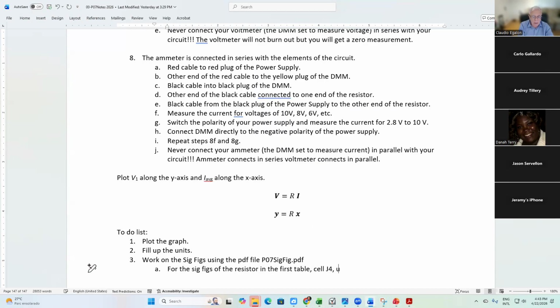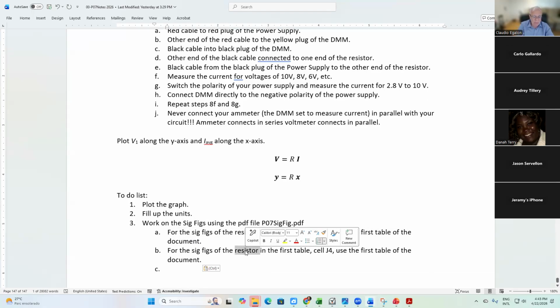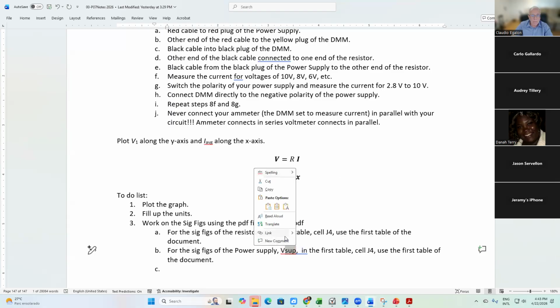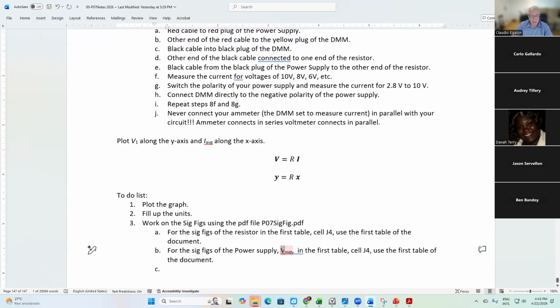Use the first table of the document, right? 2. For the sig figs of the power supply V sub, font, where's font here? Right here, V sub, okay?